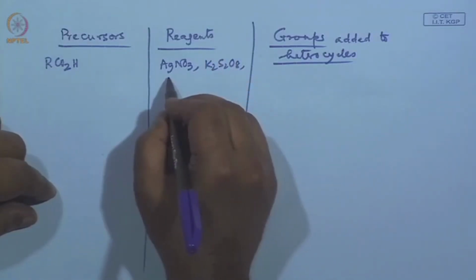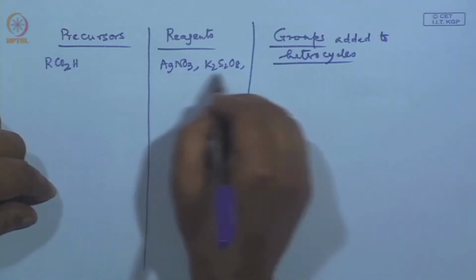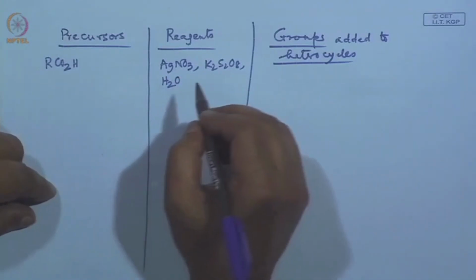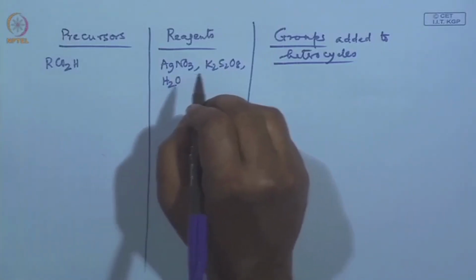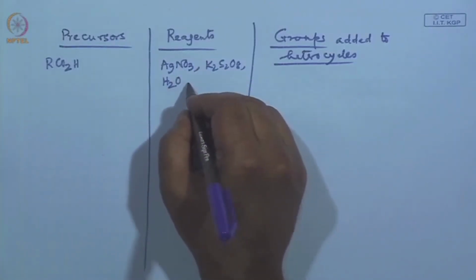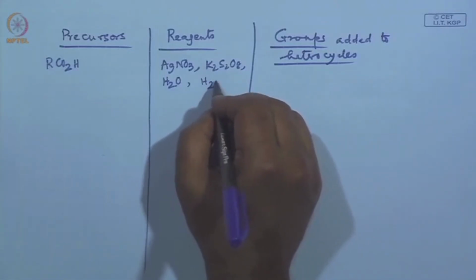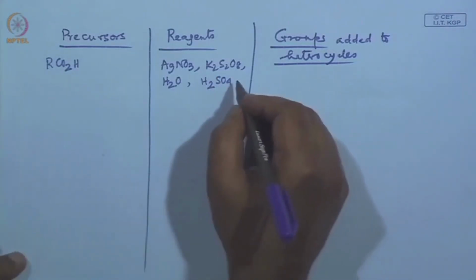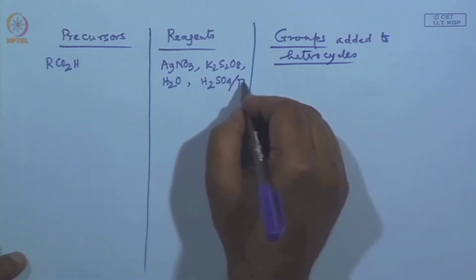And what else? These are all inorganic compounds, so you have to have water, and often always also sulfuric acid. You can guess sulfuric acid or TFA.